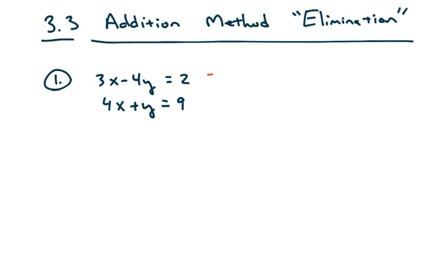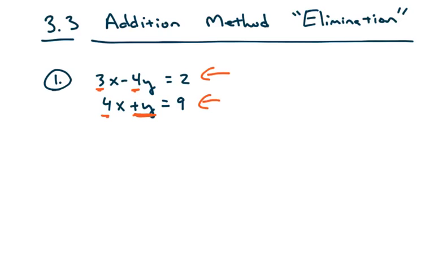Well, we're going to look at these two equations here, and we're going to ask ourselves, can we make the coefficient in front of the x's the same or the y's the same? And we can see with the bottom equation right here, it's very easy that if I just multiplied the bottom equation by 4, I would end up getting a 4y here with a negative 4y here. And that's exactly what I want.